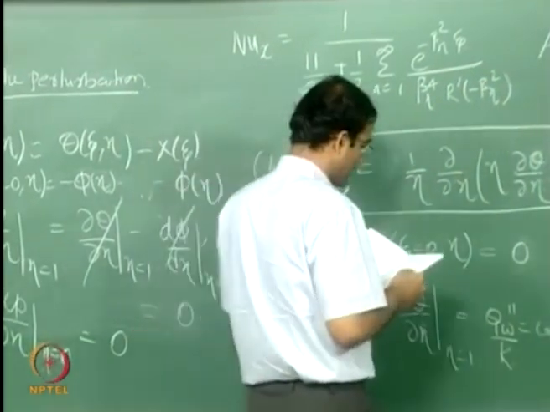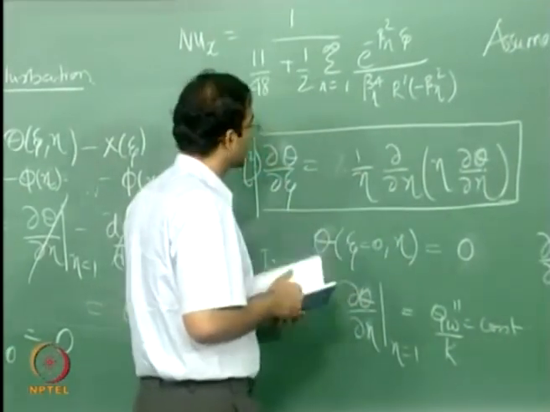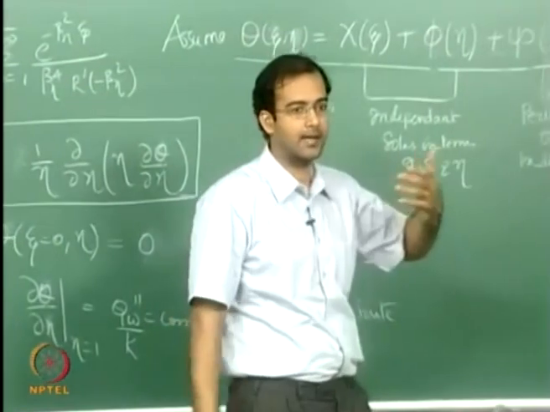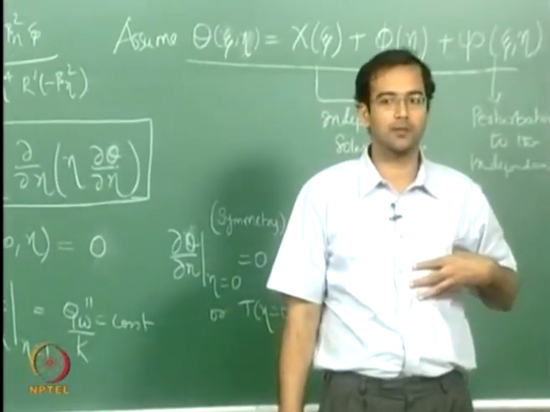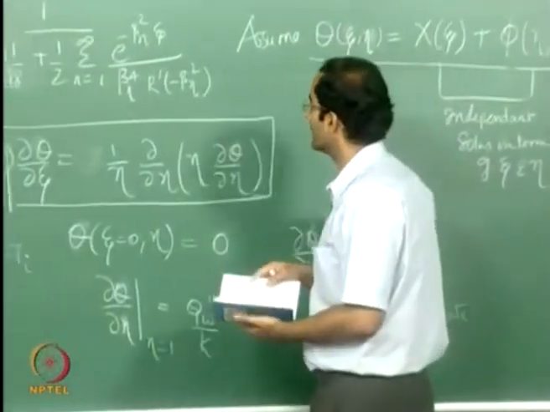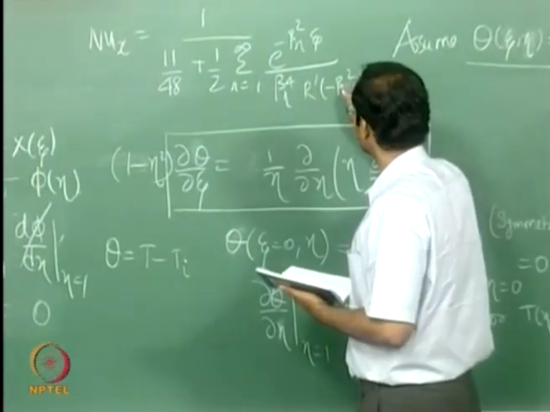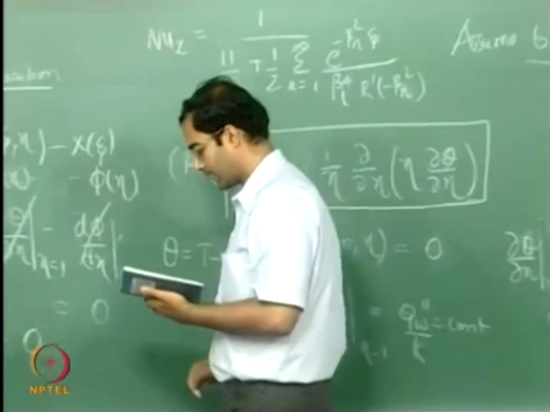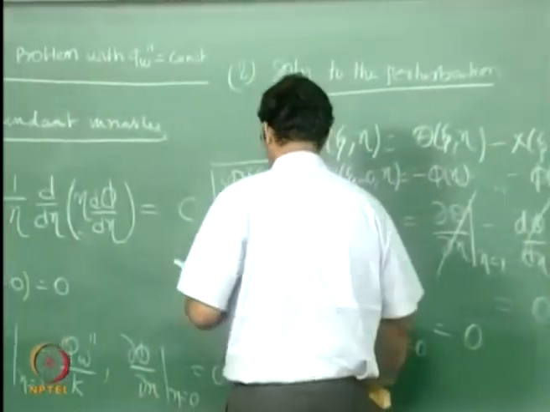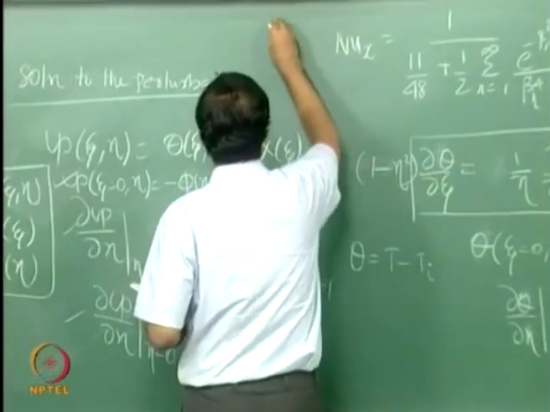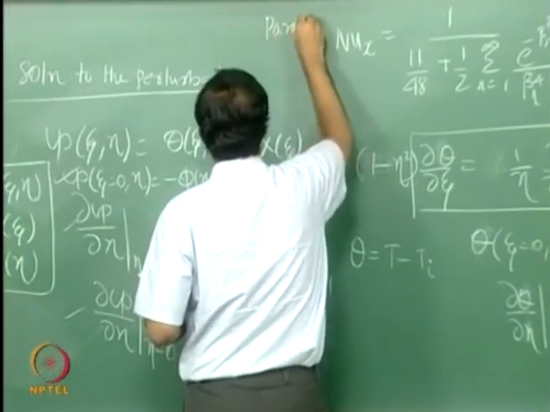This r prime here is basically the gradient of the eigenfunction, where the eigenfunction comes from the solution of the Sturm-Liouville problem, and these are coefficients for different values of n, so this is beta n. Now he tabulated the values of beta n and r prime beta n. So this is the case for parabolic velocity profile.